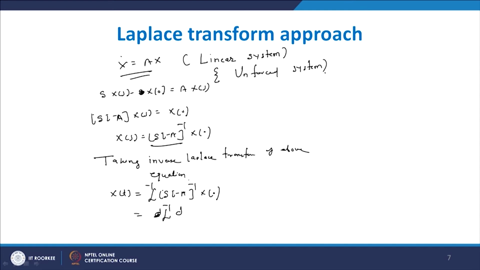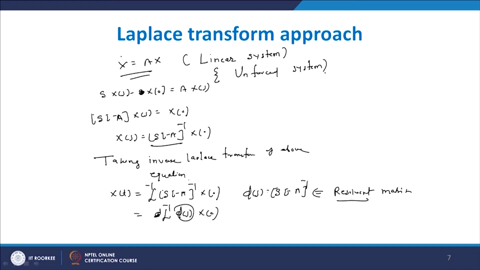And this we can write as Laplace inverse of phi of s into x of 0, and this phi of s is nothing but (sI minus A) inverse, which is called the resolvent matrix phi of s.